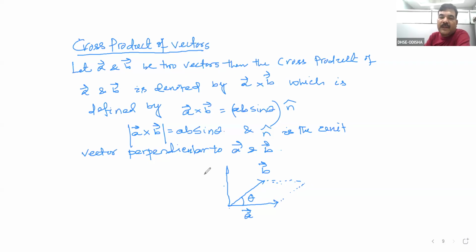Okay, this is the vector n cap. So direction will be determined according to the right hand thumb rule. Okay, like this.